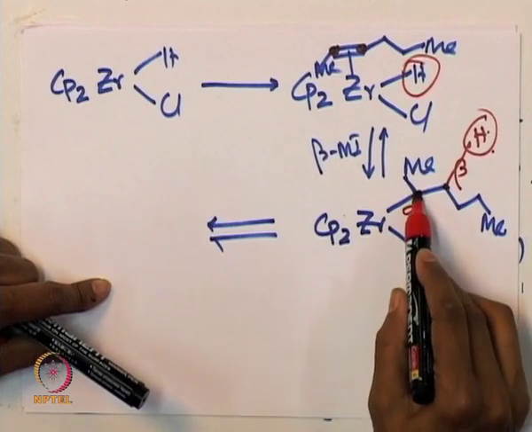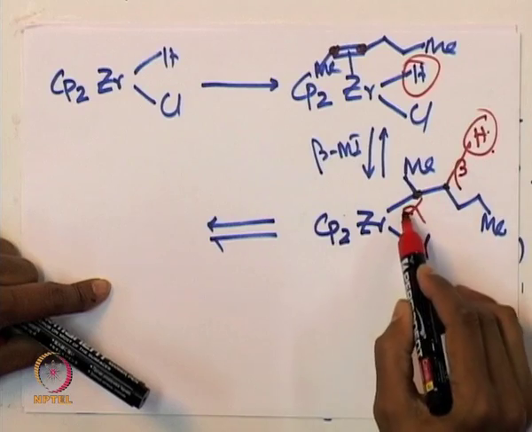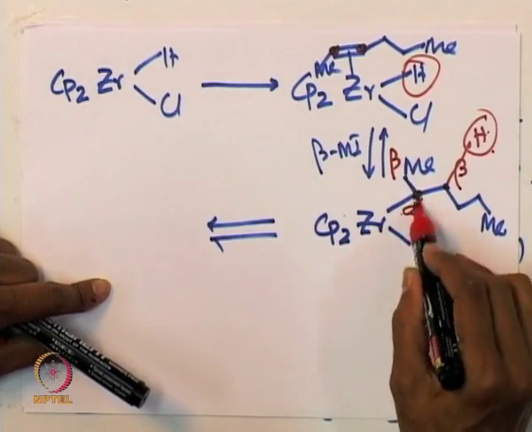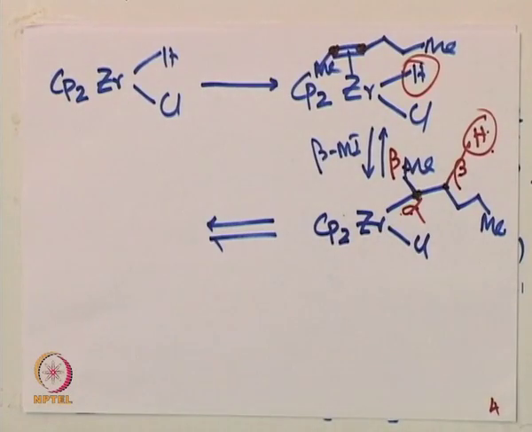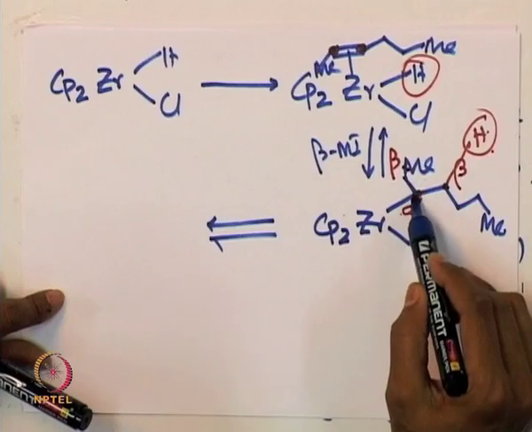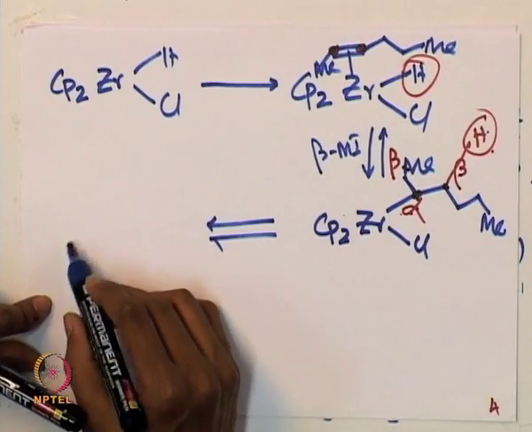Now, if you look at this intermediate, of course, this is alpha, this is beta, but this is also another beta. If you look at this product, this is alpha, this is beta. Now, from here, as you have seen in the previous general example, this is also a beta position. From this beta position you can have the beta hydride elimination, right.